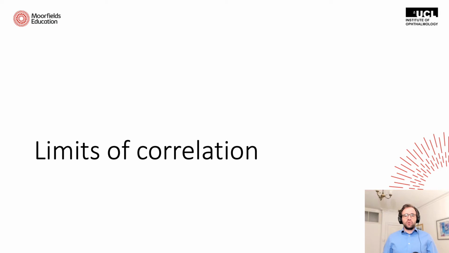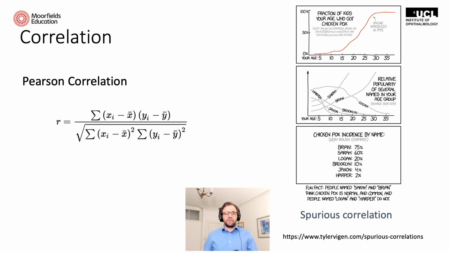So now we're going to be talking about the limits of correlation. The definition of correlation, according to Pearson, is this equation that you see here, which is the covariance of x and y divided by the square root of the variance of x multiplied by the variance of y.